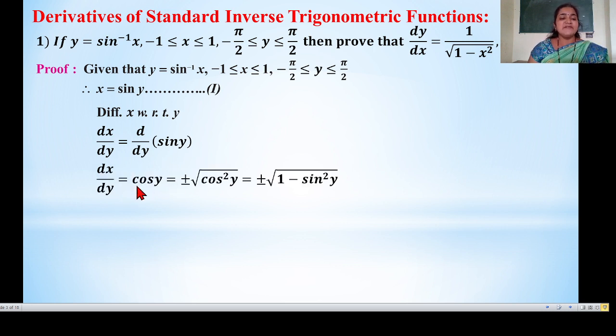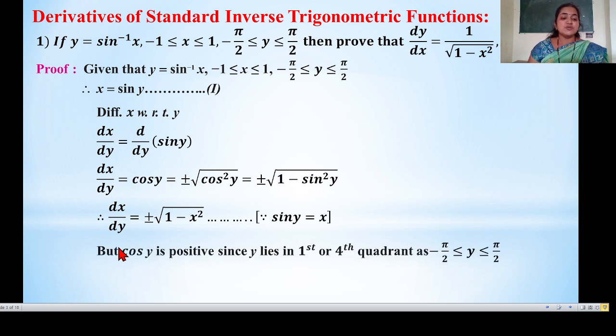Now this cos y we can write as plus minus square root of cos square y. Now we can apply the identity formula, so plus minus square root of 1 minus sine square y. But what is the value of sine y? It is x, so we can substitute it here. So we get dx by dy is equal to plus minus square root of 1 minus x square, since sin y is equal to x.